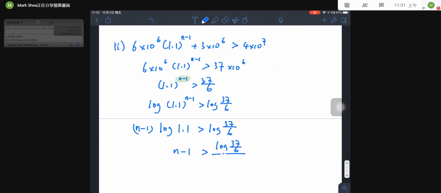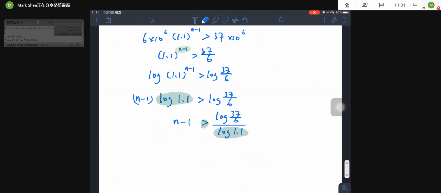Okay, and please be careful. When you divide numbers to both sides, make sure that the number is positive, or you need to determine the sign of the value. Okay, log 1.1 is positive, so it means that we don't need to change the sign of the inequality.